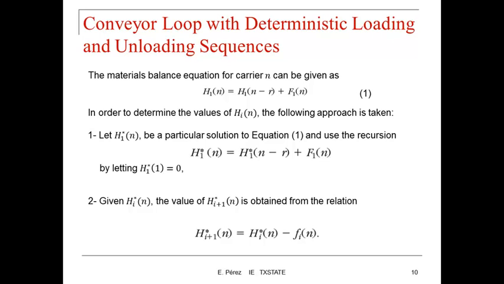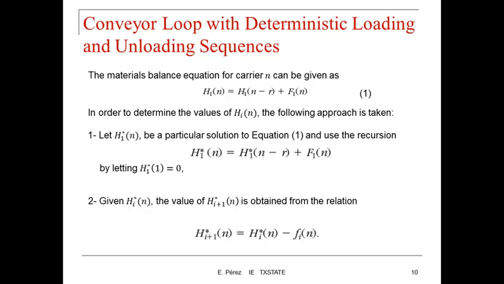And here are the equations that we're using to find those values of H. These are recursive equations that we are using to solve this problem. The first one is to determine the value of H1, which is for the station that you are using as your reference point.